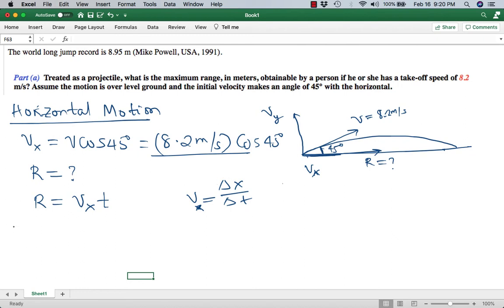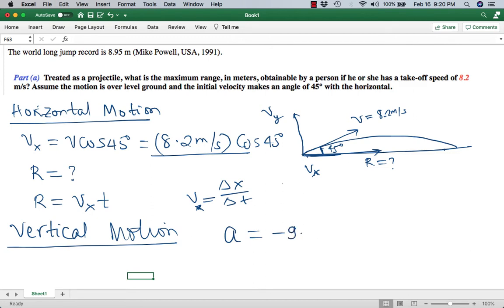Okay, so then let's look at vertical motion. Just like before, for vertical motion, acceleration is always negative 9.8 meters per second squared, and then the vertical displacement is 0, and then the initial velocity in the vertical direction viy, this side is away from the angle, so vector times sine 45 degrees.